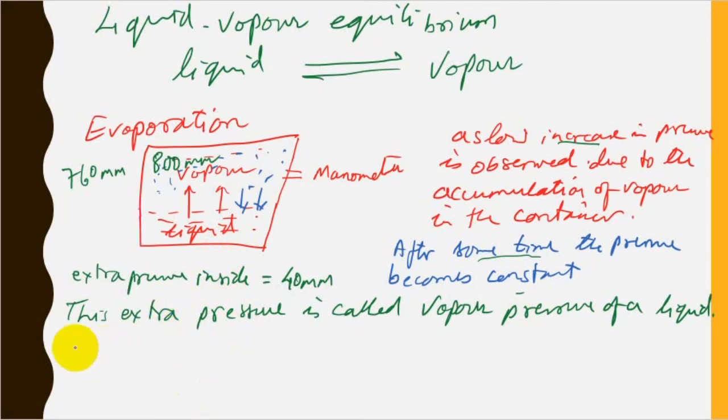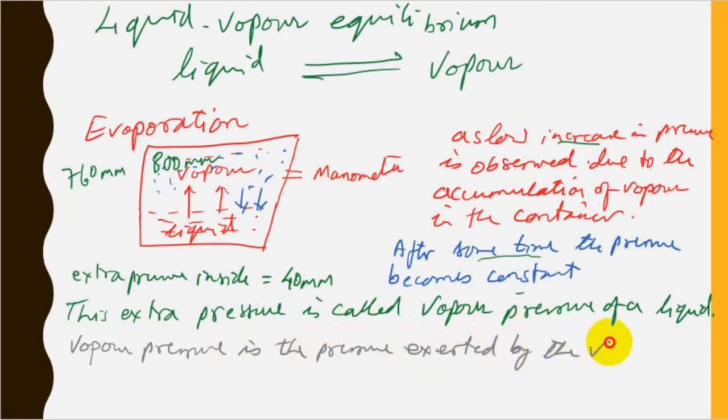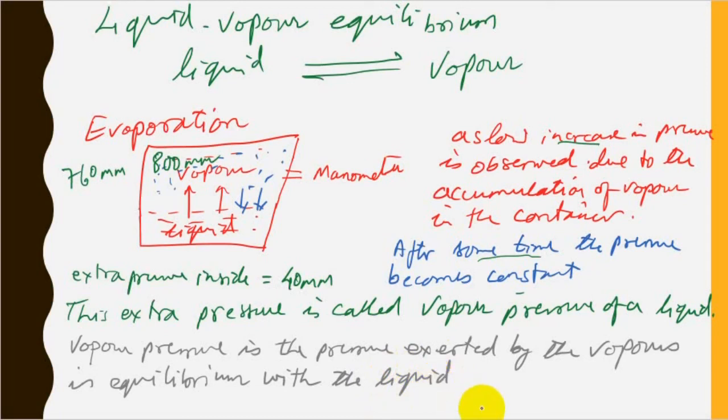So vapor pressure is the pressure exerted by the vapors in equilibrium with the liquid in a closed container.